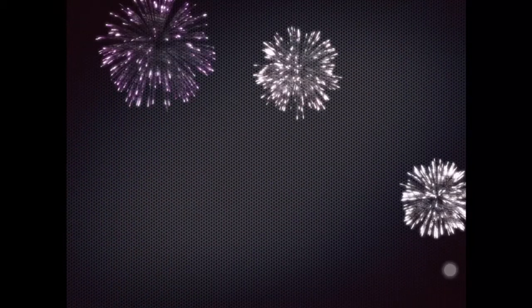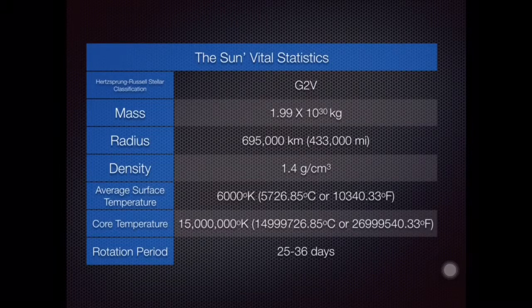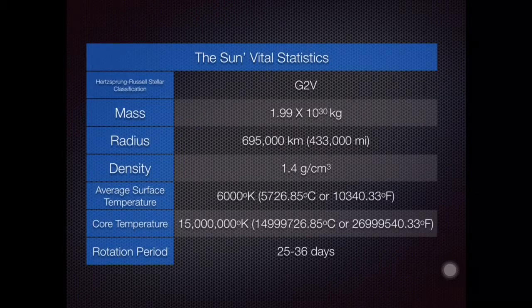We'll now explore some of the sun's important statistics and data. As per the Hertzsprung-Russell stellar classification system, the sun is a G2V star. The mass of the sun is 1.99 times 10 to the power 30 kilograms. The radius of the sun is 695,000 kilometers.